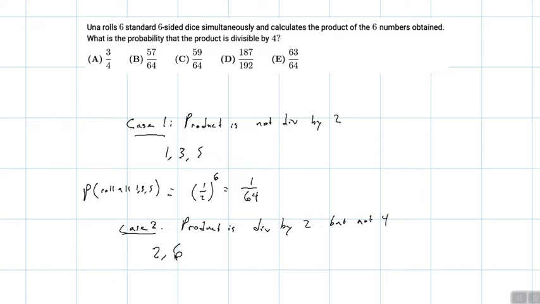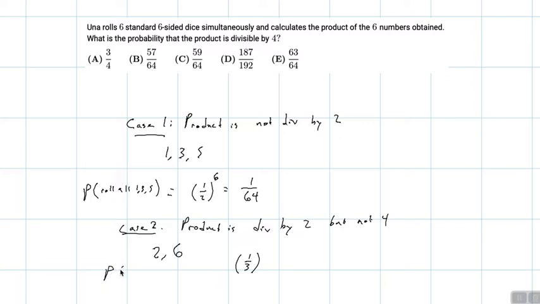And so the probability of rolling one of these on any roll is going to be 1/3. And then we want all the other dice to be a 1, 3, or a 5, basically.